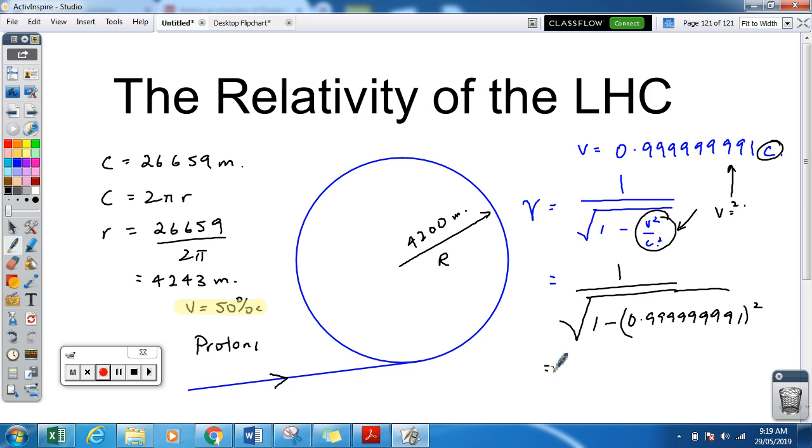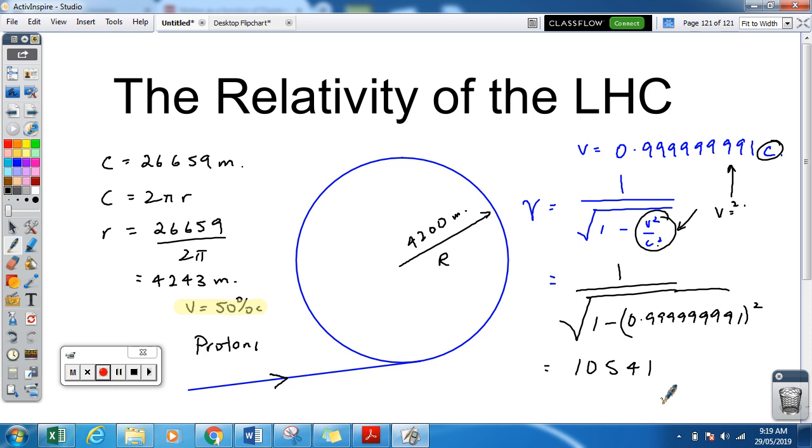Right, putting that into a calculator and just determining this factor gives us, okay, popping in the calculator, it equals 10,541, just rounding to the nearest whole number.